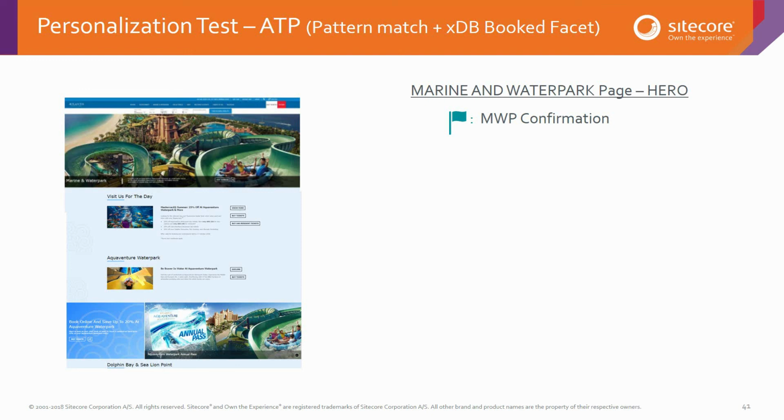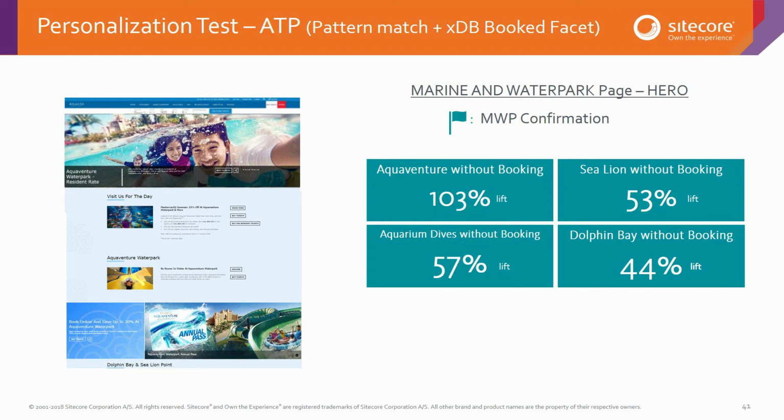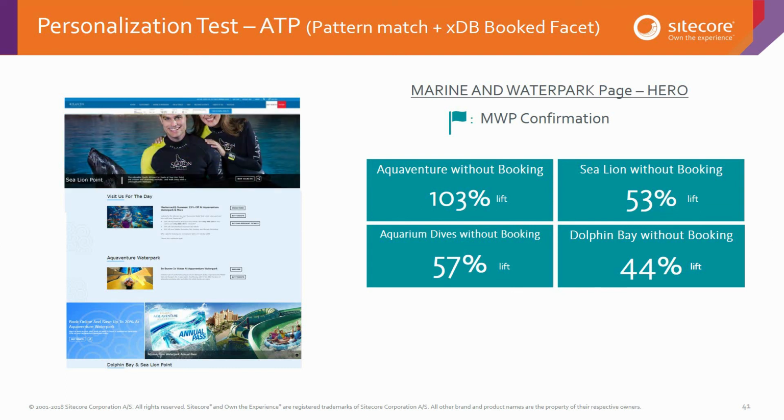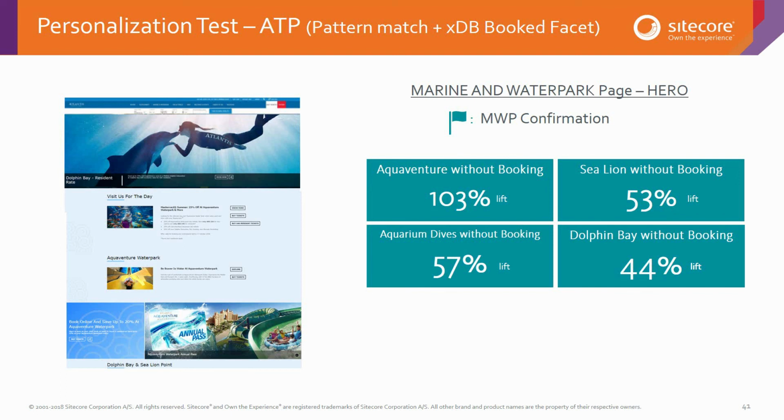And we personalized the hero based on pattern match data and also from some custom data that we've captured in XDB on a booking facet. And we measured the effect of each variant on converting that goal. What we saw was a lift that ranged from 40% to over 100% for each segment that we personalized for.